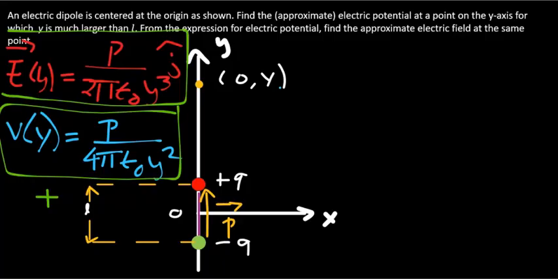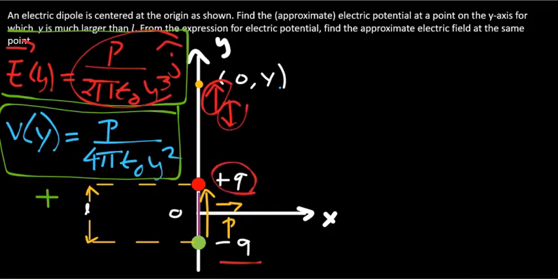It turns out to be a positive number because the electric field, due to the positive charge, would go in this direction. The electric field, due to the negative charge, tends to go in that direction, because this is larger than that, because positive charge is closer to the point of observation than the negative charge. So we can expect the electric field at that point to point in that direction, namely in the direction of j hat.